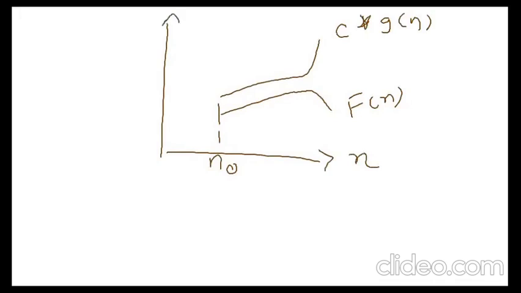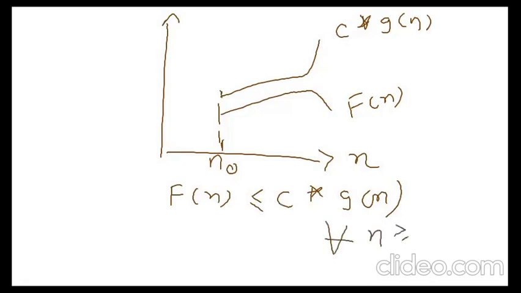Right? So for big O notation, f of n is less than or equal to c star g of n, where n0 and c are constants, for all n greater than or equal to n0.